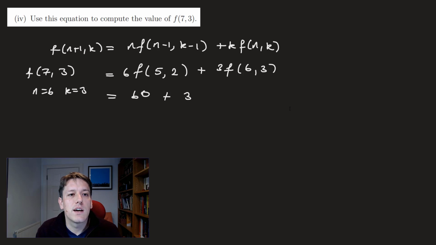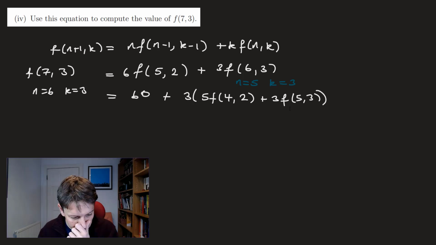So this time n plus 1 is 6, so I'm going to do it again with n equals 5 and k equals 3. This gives me 5 times f of 4 and 2, just applying this again, plus 3 times f of 5 and 3.